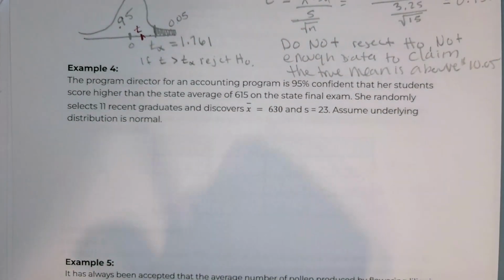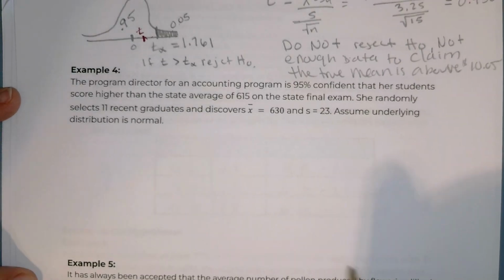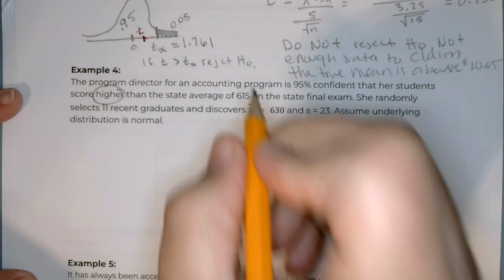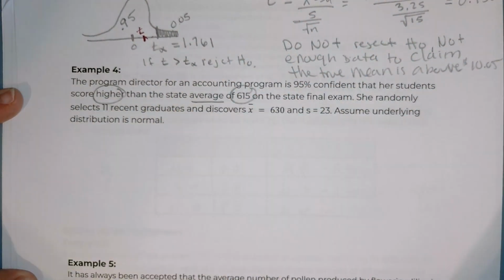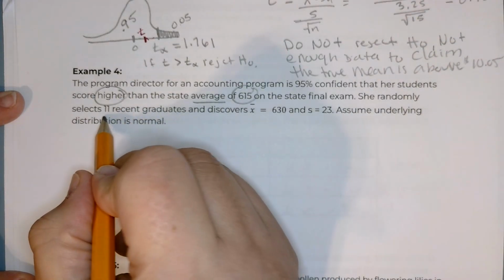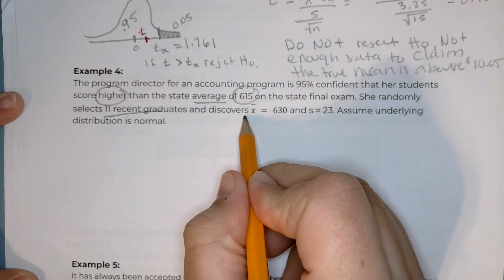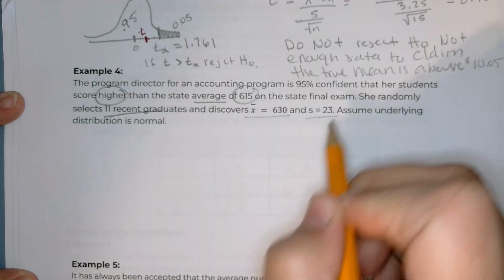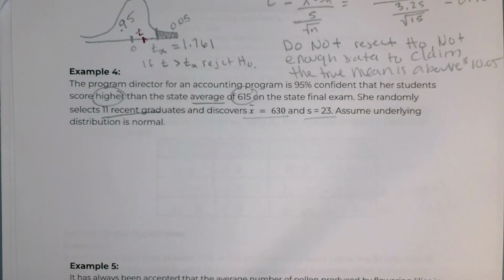The program director for an accounting program is 95% confident that her students scored higher than the average on the state final. She randomly selected 11 recent graduates and discovered that their mean is 630 with a standard deviation of 23. Assume the underlying distribution is normal.